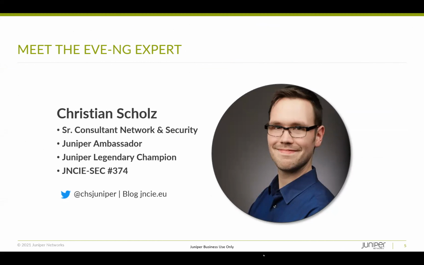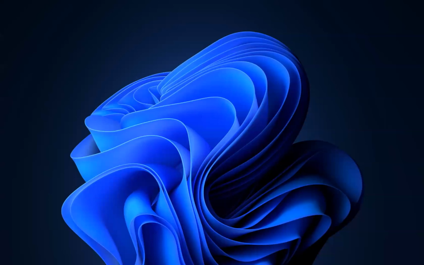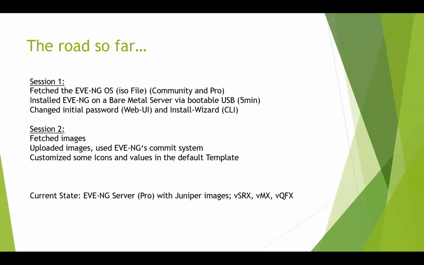This is part 3 of our session. I will quickly go through what we did so far. Let me share my screen. Just like Christine mentioned, in the first 2 sessions, we started with a blank server.